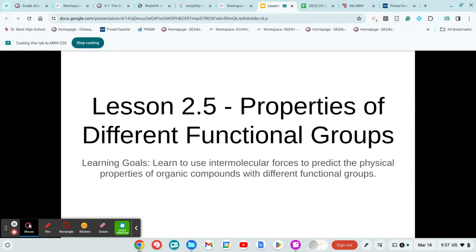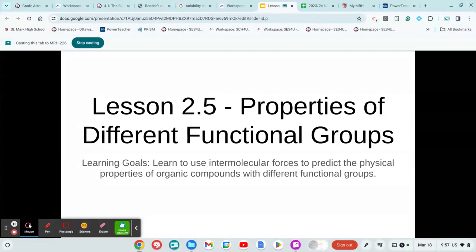So the dipole-dipole happens when you've got differences in electronegativity between the atoms in your molecule, and you end up with an asymmetrical molecule so that one side is a little bit negative and the other side is a little bit positive.